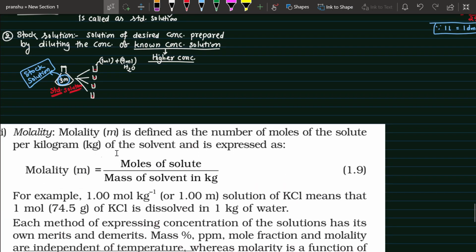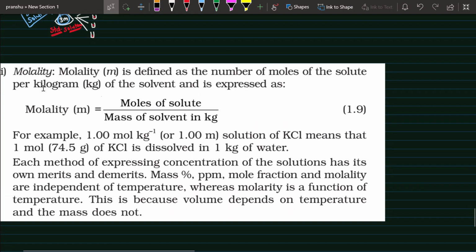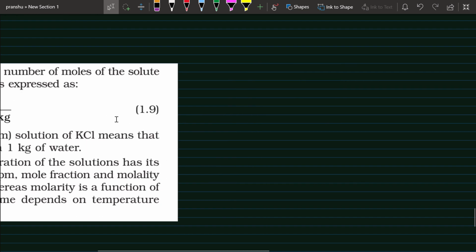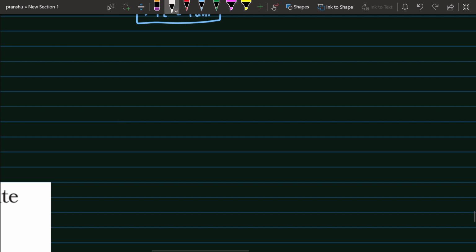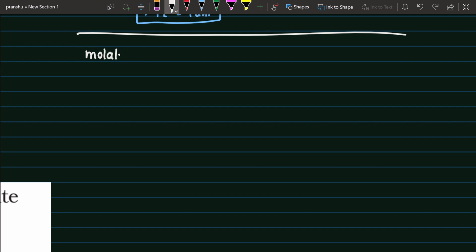So the next term is molality. Molality is temperature independent, because here it is the mass. Molality is moles of solute divided by mass of solvent in kg.